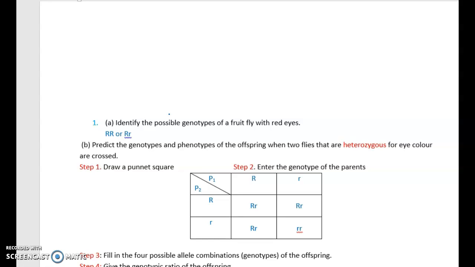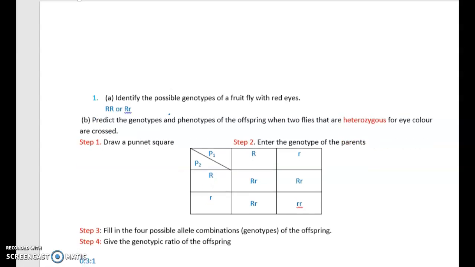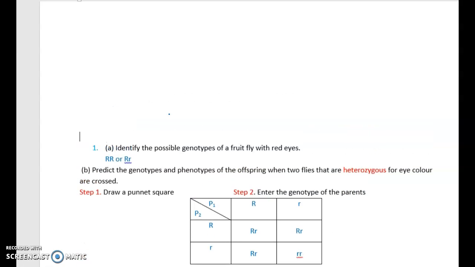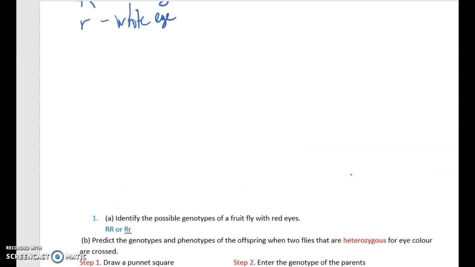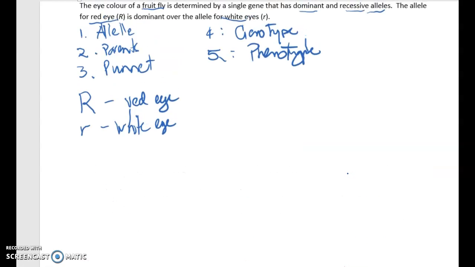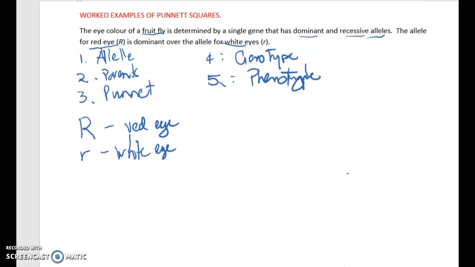Okay, so we have 2 fruit flies, and they're both heterozygous. So that's the key term that we need to do. So we've identified the parents are heterozygous, which means hetero meaning one of each. So both parents are capital R, little r.